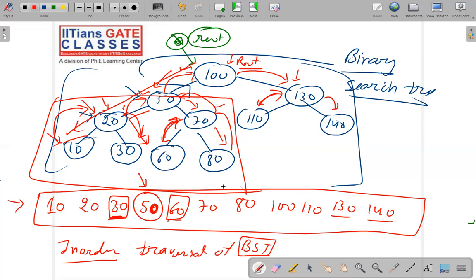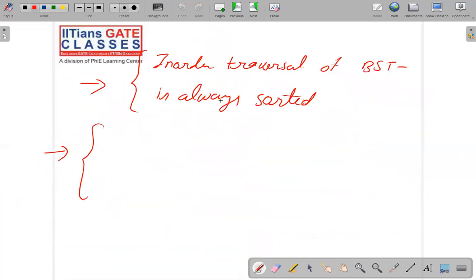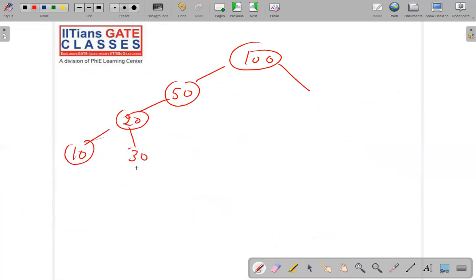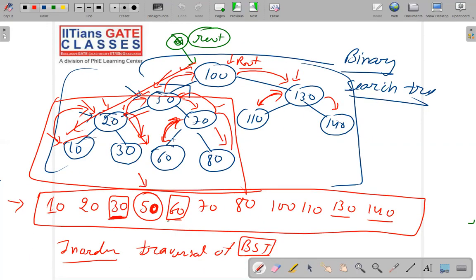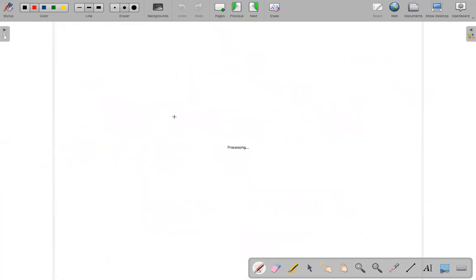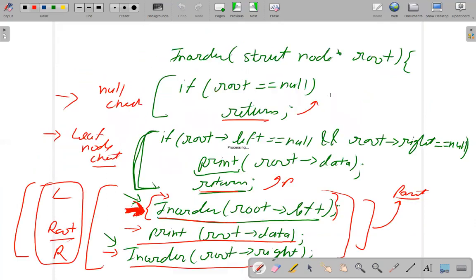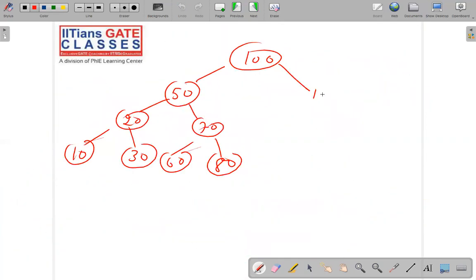For example, let me build this same tree again. 100, and we have 50 here, 20, 10, 30, 70, 60, 80, 130, 110, 140.